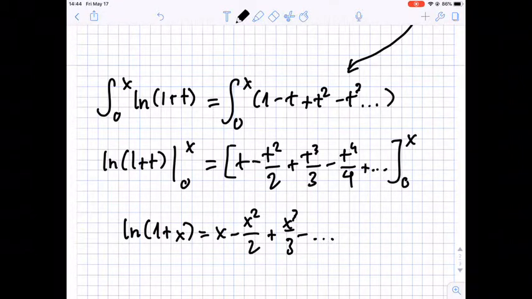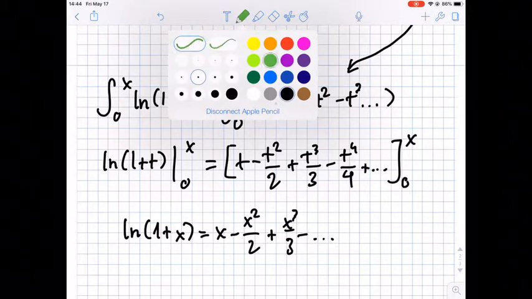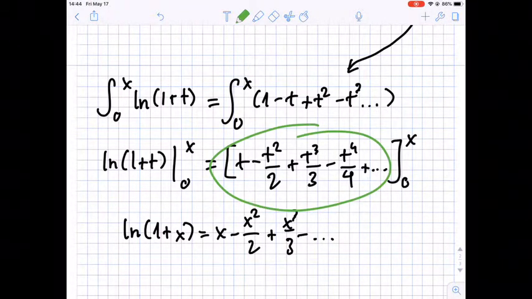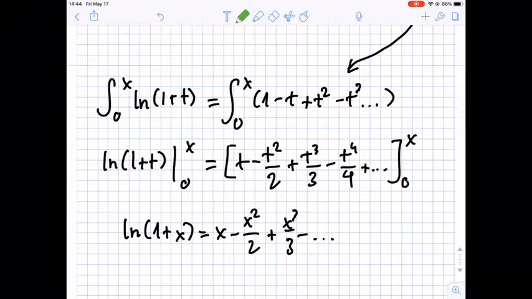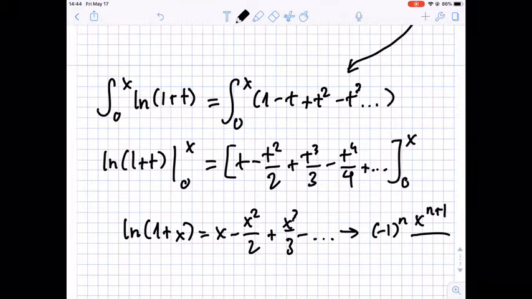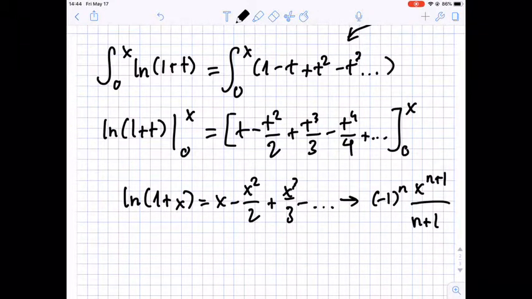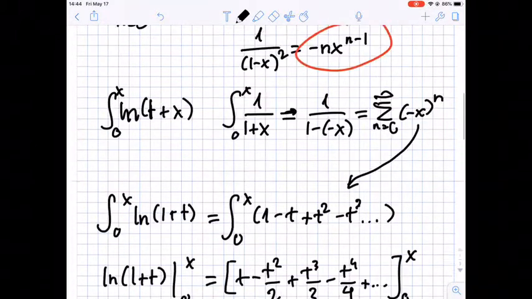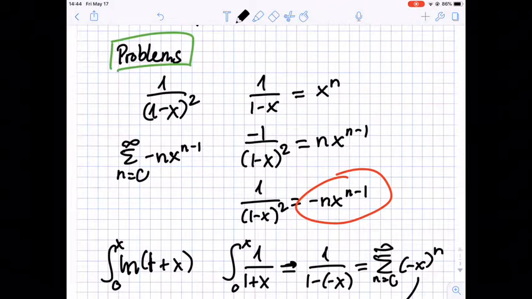And similarly on the other side, when t is replaced with 0, all these terms will be nullified. And so we have the general term, which is negative 1 to the power of n times x to the n plus 1 over n plus 1. And that is how you find the power series using integration and differentiation.